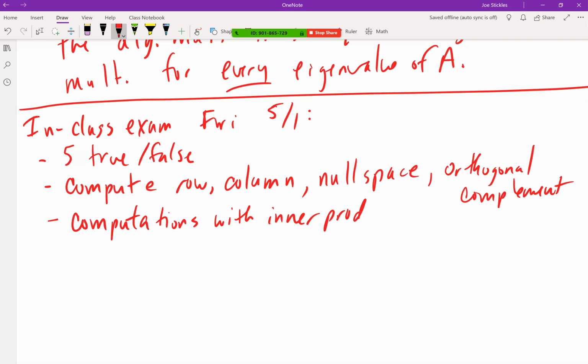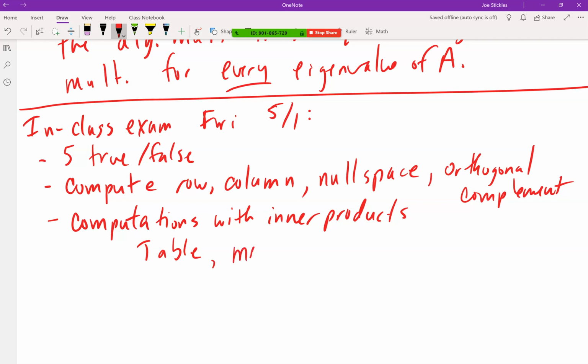Then we had some computations with inner products. So I'm thinking, well, you had a problem that had a table on the last homework, so that could be something that might be on there where I give you a table of values and then ask you to do a couple of inner products that way.